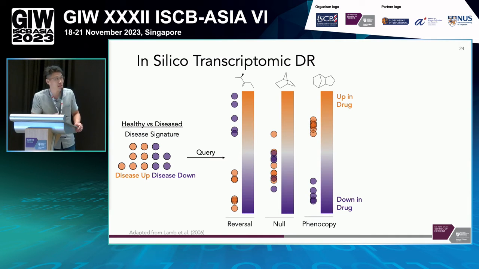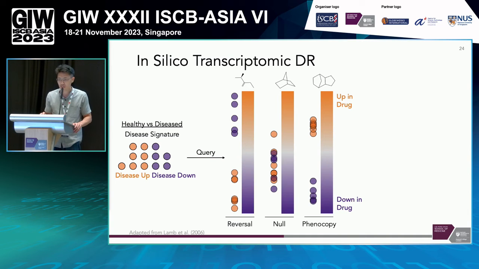If the upregulated genes in the disease are also upregulated in the drug, and vice versa, we say that the drug phenocopies the disease. Conversely, if the genes upregulated by the disease are downregulated by the drug, and vice versa, we say that the drug reverses the disease signature.